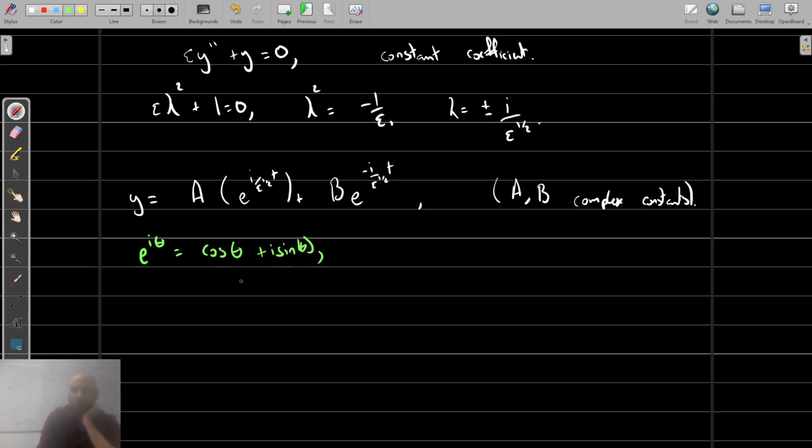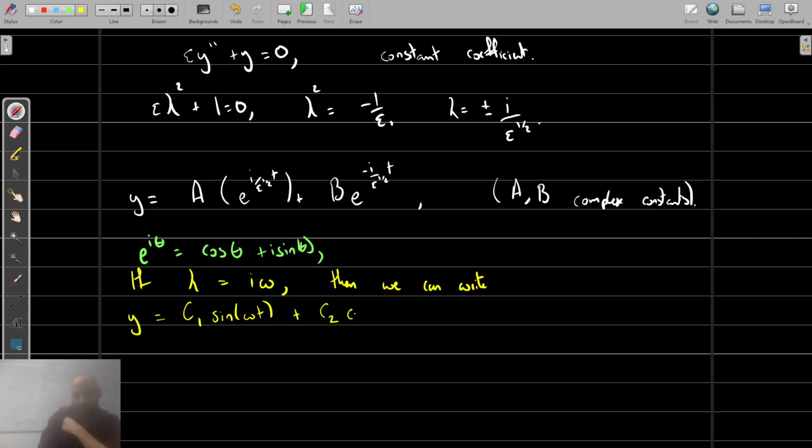I'm not going to go through all the mathematics to explain why, but we can use this result to say that if lambda is i times, I'm going to use the word omega, then we can write y equal to c1 times sine of omega t plus c2 times cos of omega t.